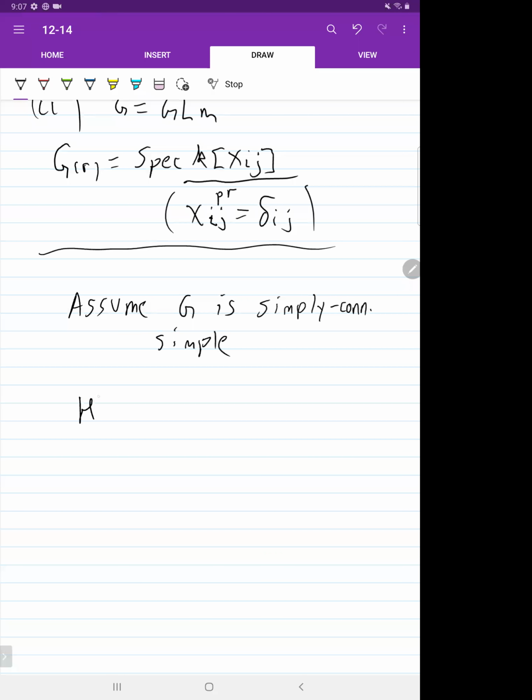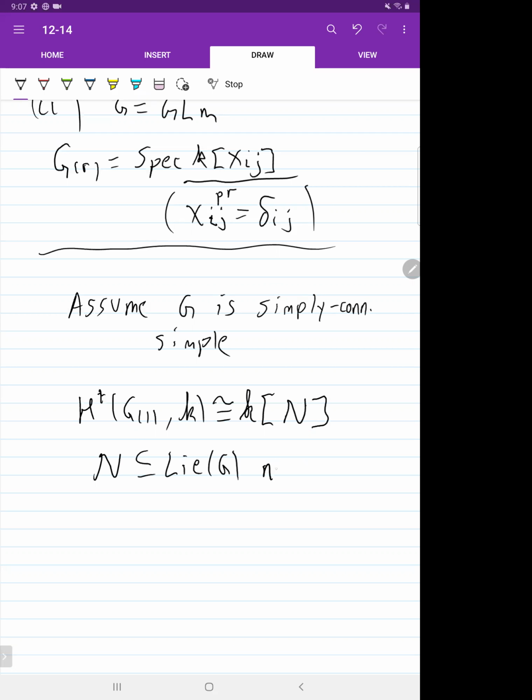Then the cohomology ring of G1 is identified with the coordinate ring of the nilpotent cone N, where N contained in the Lie algebra of G is the nilpotent cone.